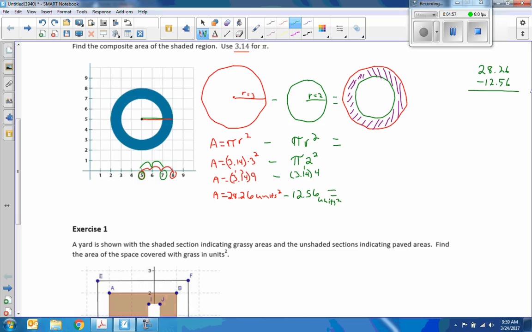Line it up evenly: 0, 7, 12, 7. So 15.7 units squared is the area of this shaded region.